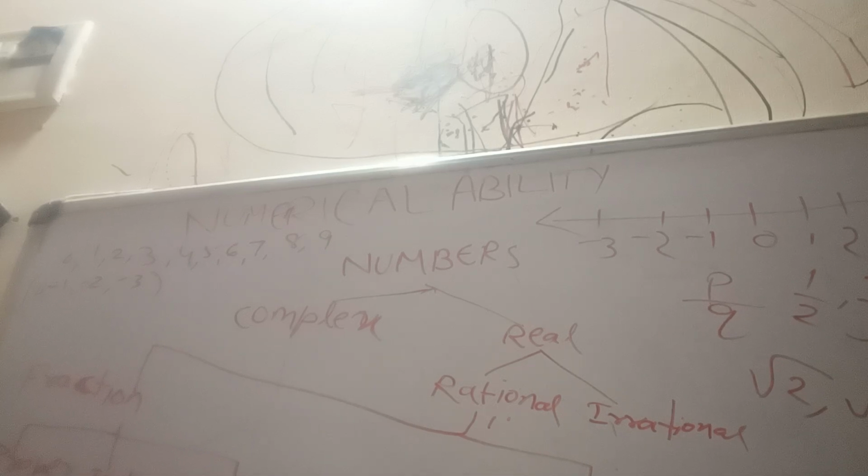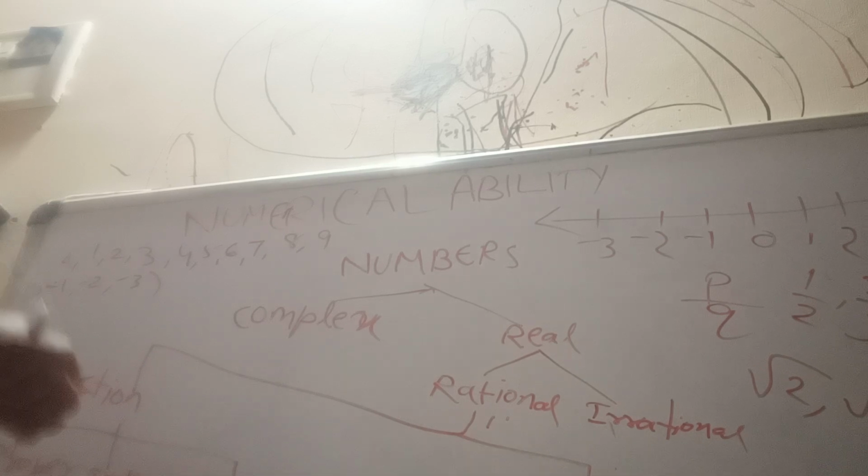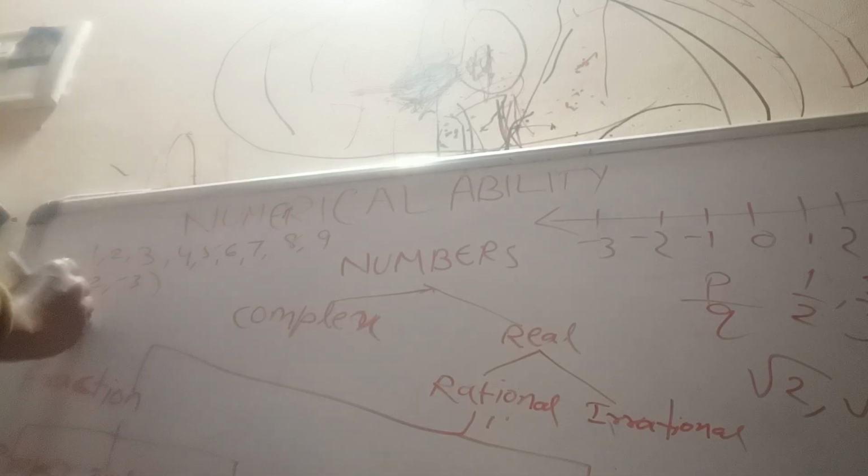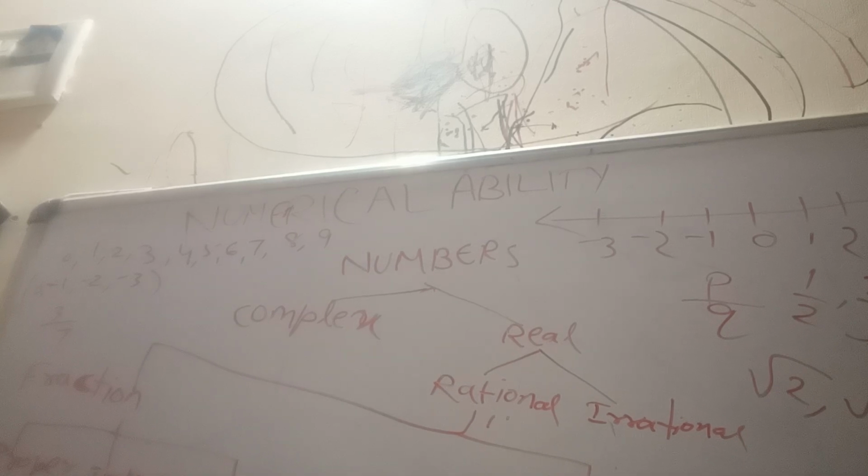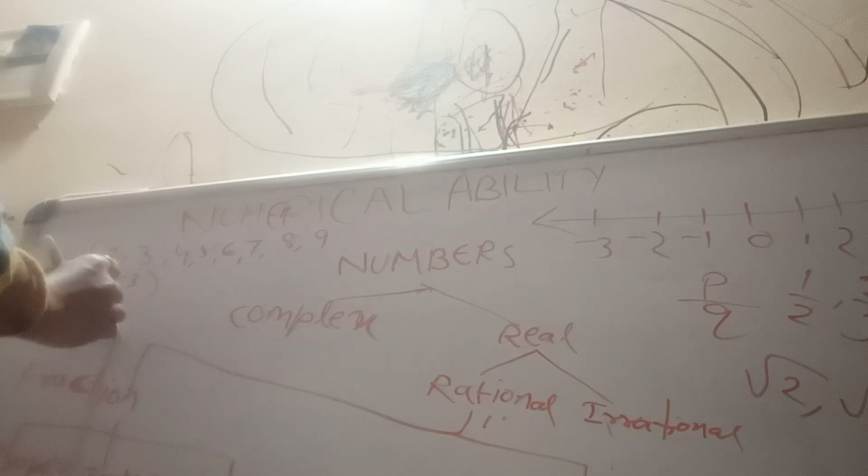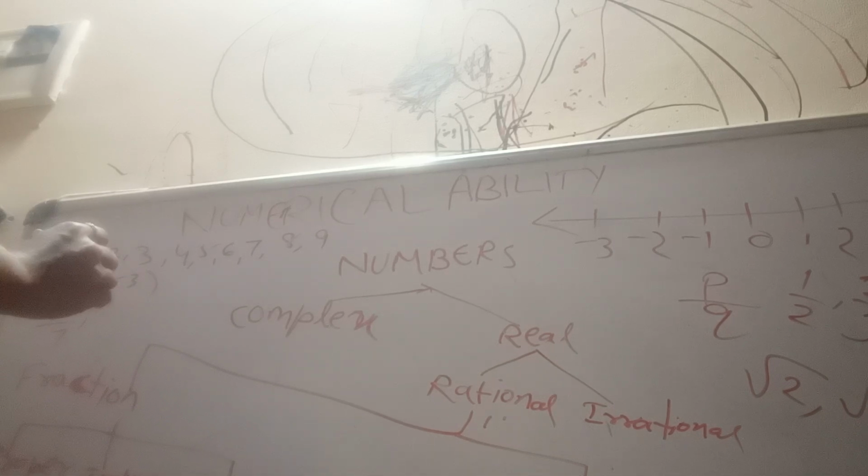Fraction can be written as proper fraction or improper fraction. Proper fraction means, suppose we write 3 by 7. It is a proper fraction. Example, proper fraction 5 by 8.